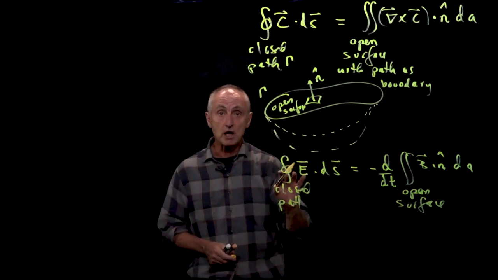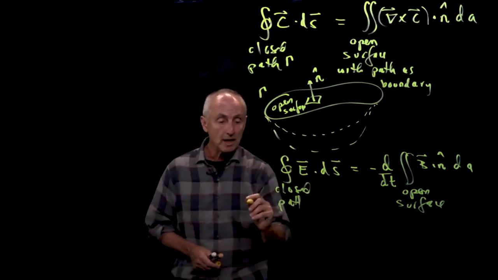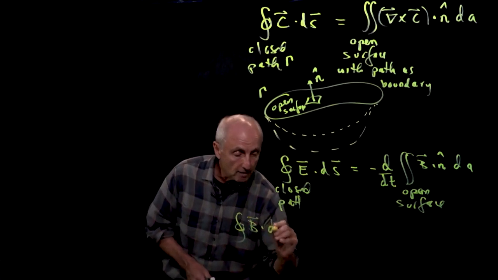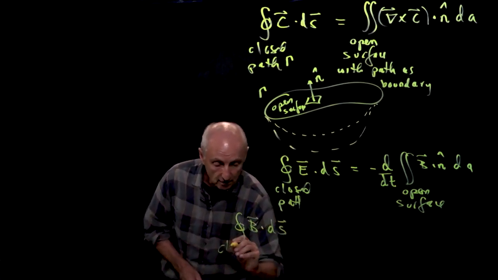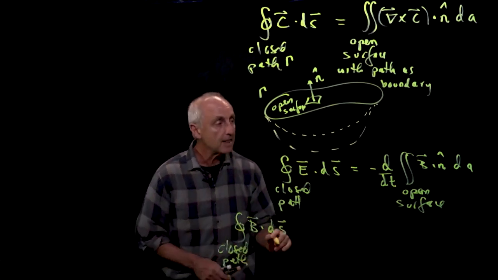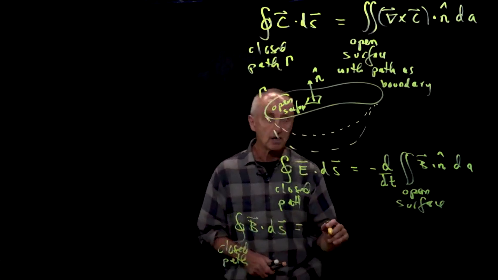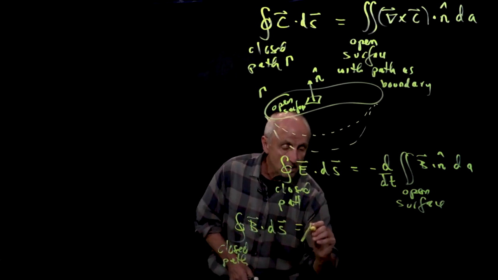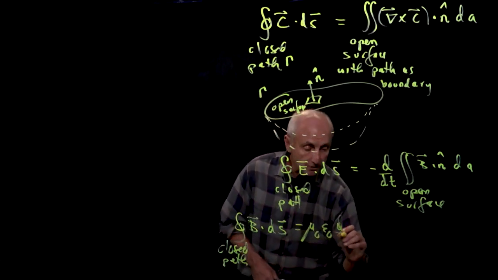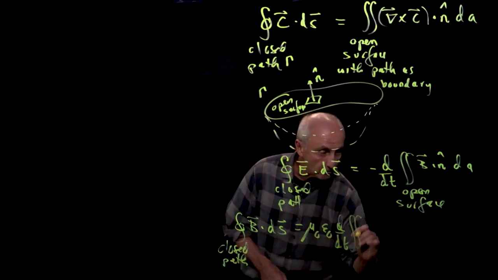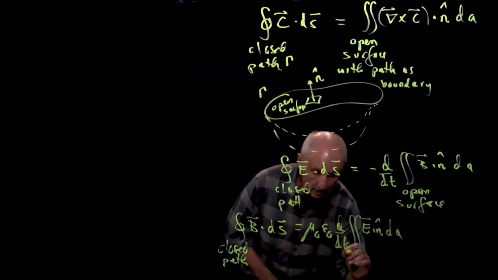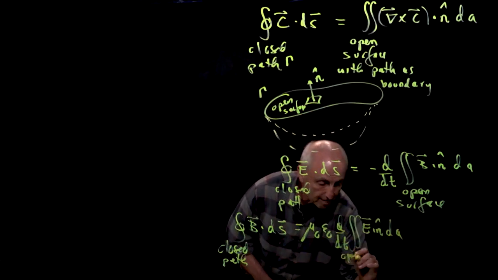And then our generalized Maxwell-Ampere law had the integral of the magnetic field around a closed path. And there we had two terms, and in SI units, mu naught epsilon naught times the time rate of change of the electric field integrated over an open surface.